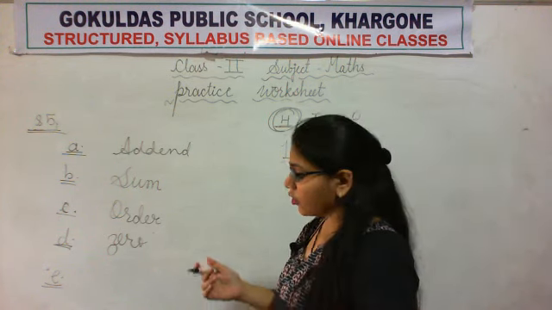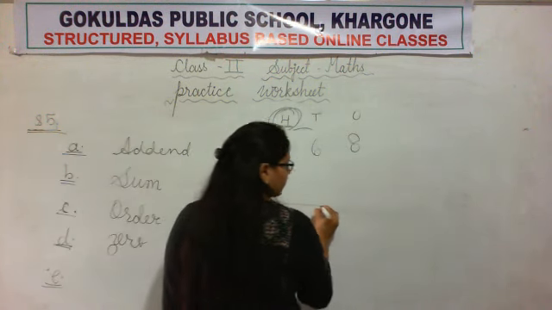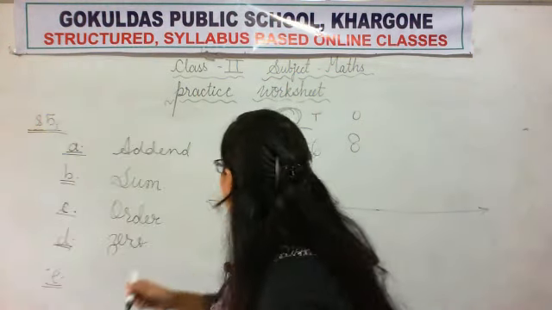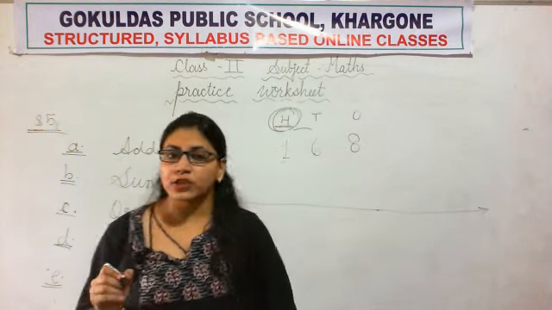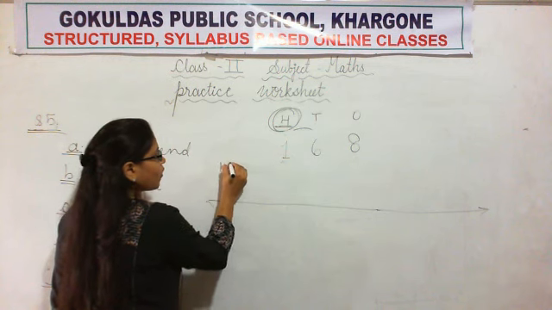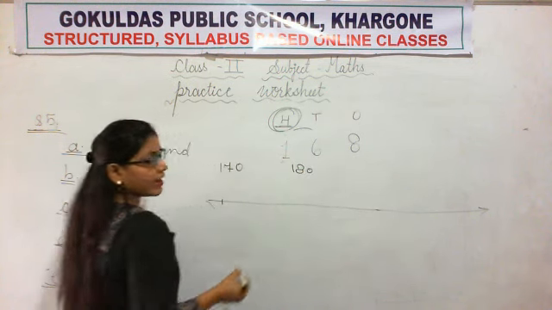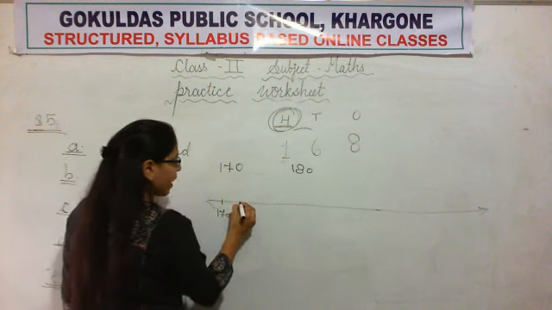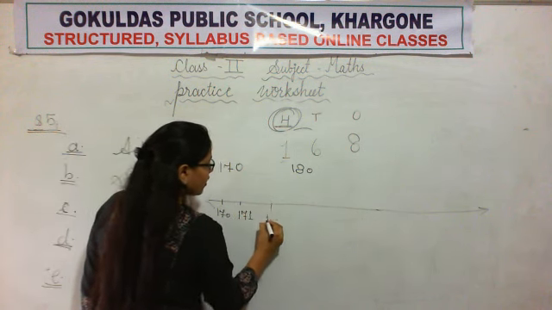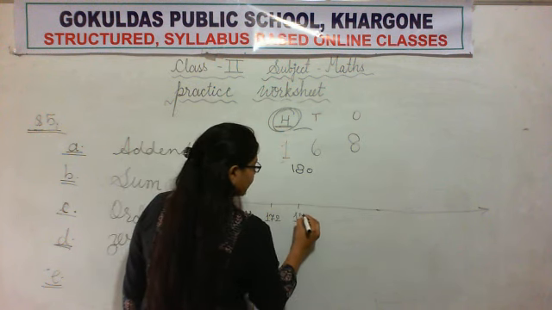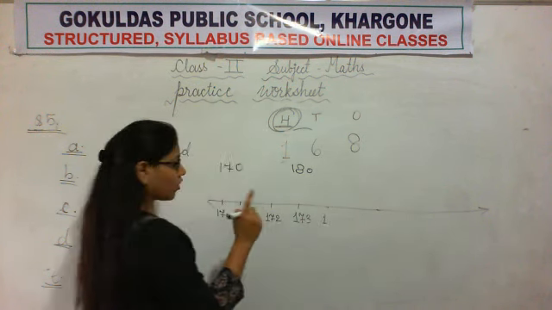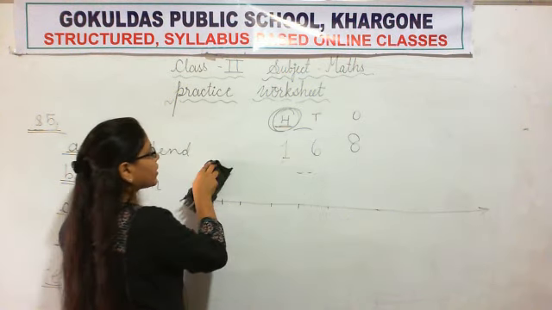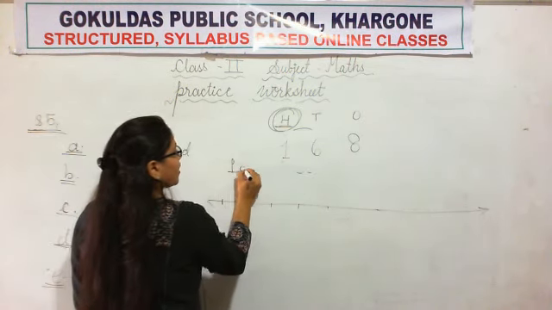Another method is the halfway method. Sorry, we are rounding off to the nearest 100, so we will mark the numbers 100 to 200.